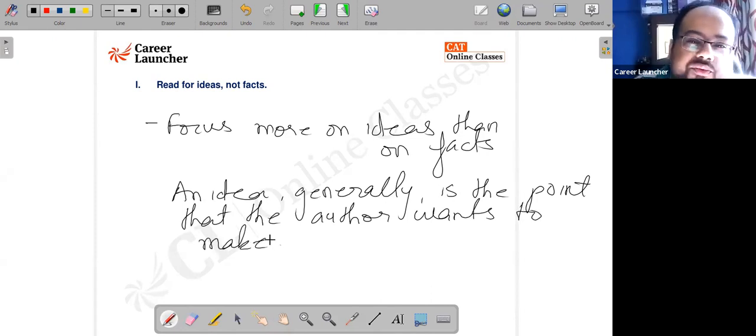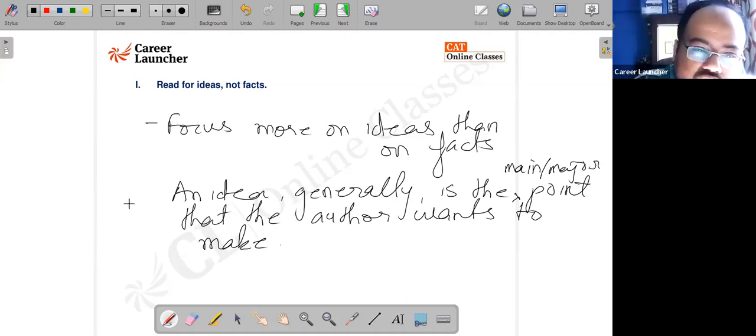So when I say focus more on ideas, you have to be clear about what I mean by ideas. An idea generally is the point that the author wants to make. When I say point that the author wants to make, it is the main point or the major point that the author wants to make. So that is what I am calling an idea.